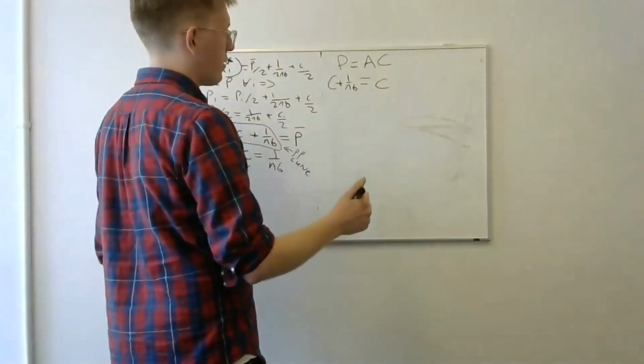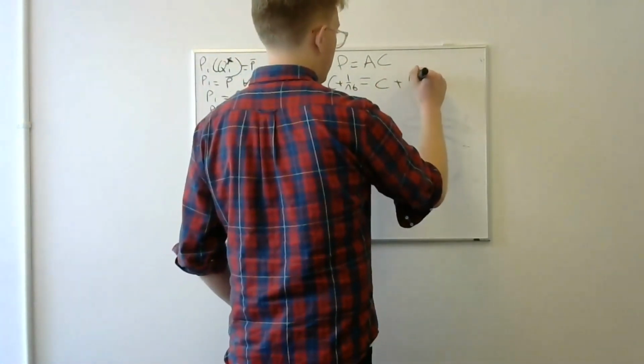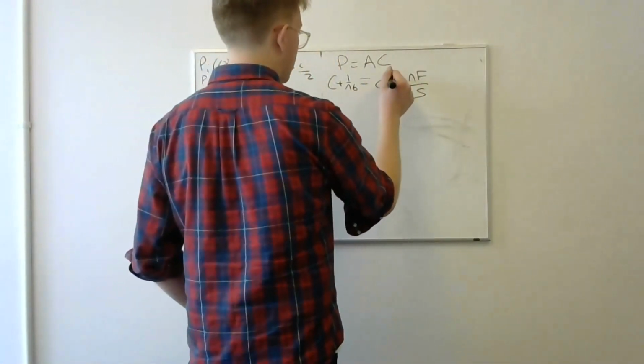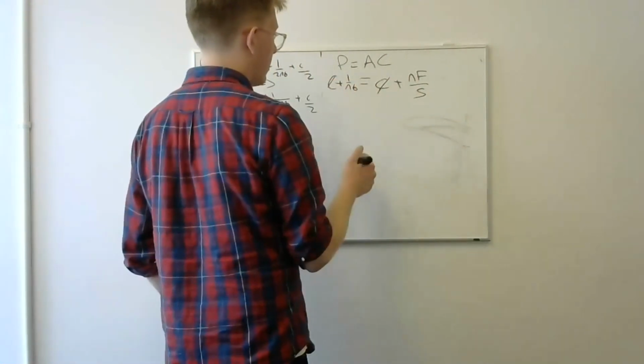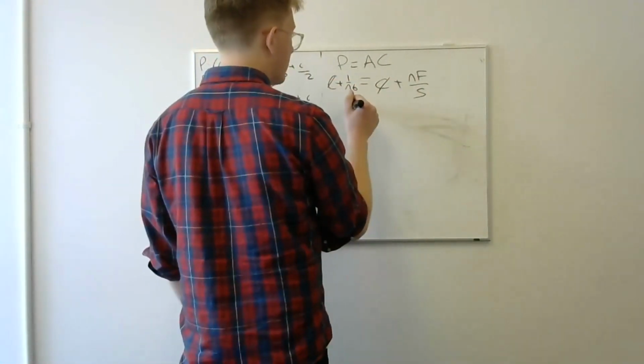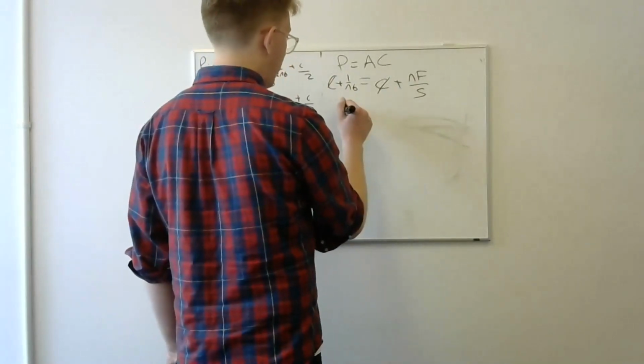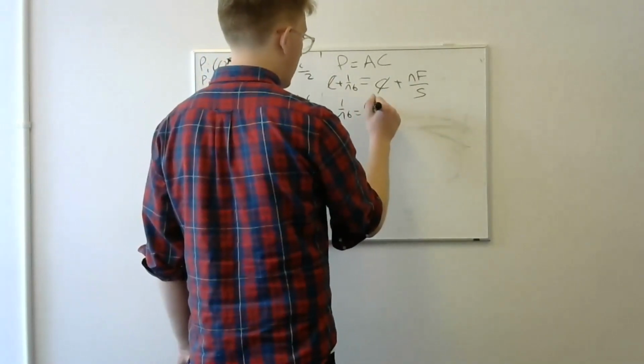Average costs here are going to be C plus NF over S. As I said before, these C's cancel. We can just get rid of them by subtracting them from each side. And so then I have 1 over NB equal to NF over S.